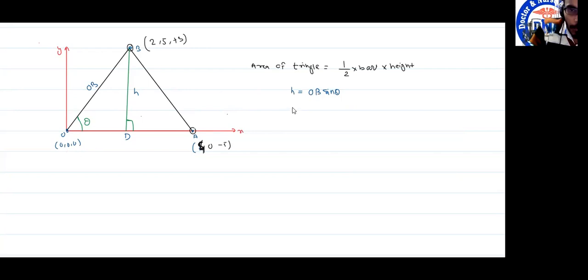And OA is the base. So area of the triangle is equal to 1/2, base is OA and height is OB sine theta. Correct?